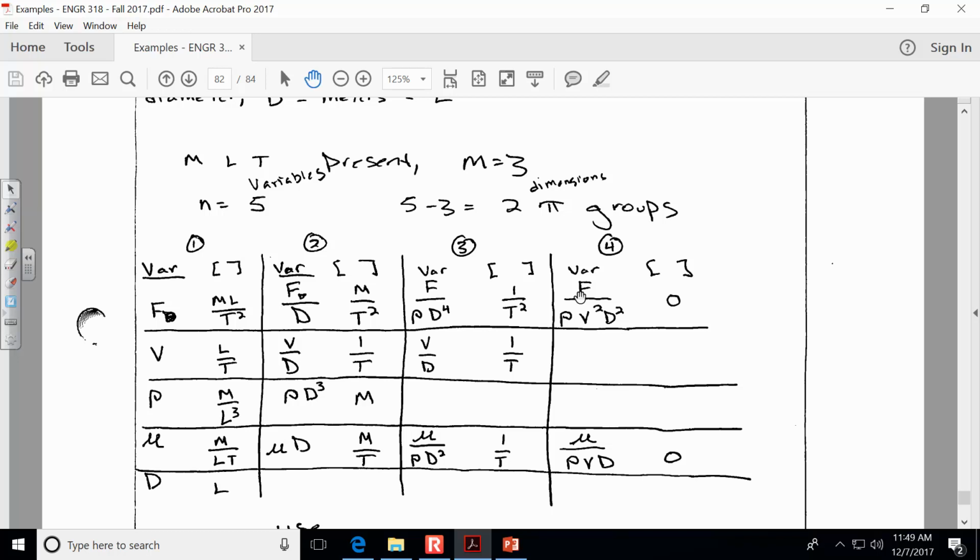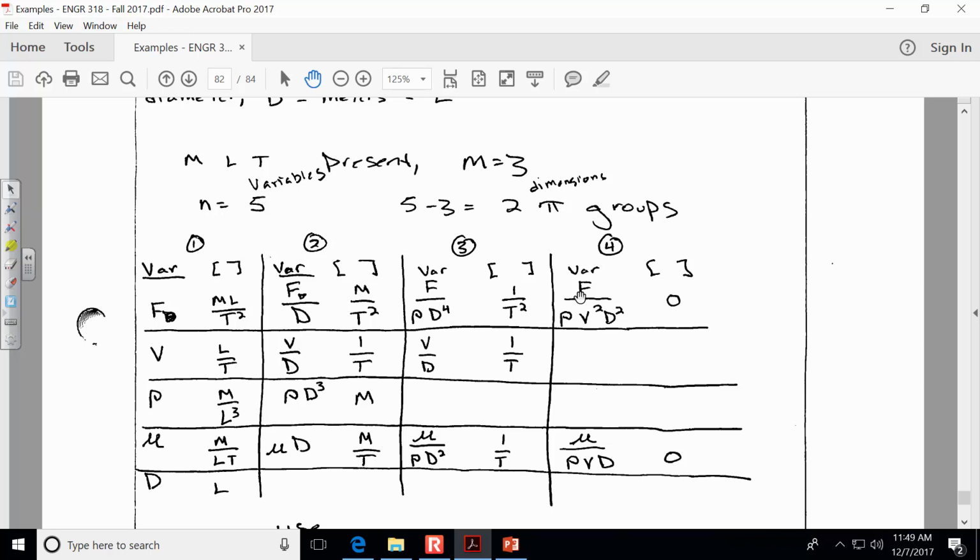Okay, now what do I do in this next row, V divided by D? Well, there isn't any mass term there, so it carries through. I'm still left with V divided by D, and it still has units of 1 divided by T. Now, this is the one that I'm using, so I just put a dash there. It's used up.